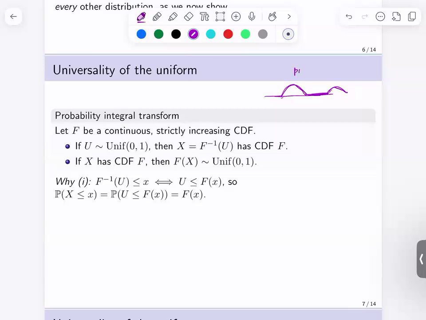So this case you're going to rule out, I'm not going to worry about this. The CDF would be flat, so it's not going to be strictly increasing. So assume you have a continuous, strictly increasing CDF.